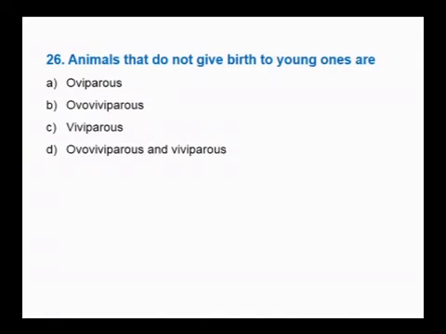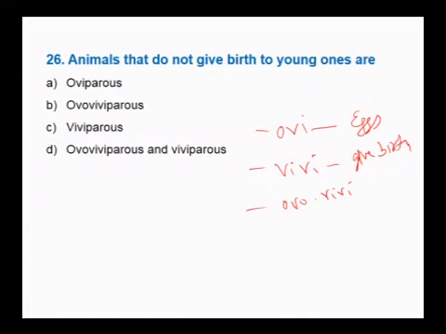Animals that do not give birth to young ones. As you know, animals are classified into oviparous, viviparous and ovoviviparous. Oviparous animals are those which lay eggs. Viviparous animals are those which give birth to young ones, and here the mother provides nourishment in the womb.